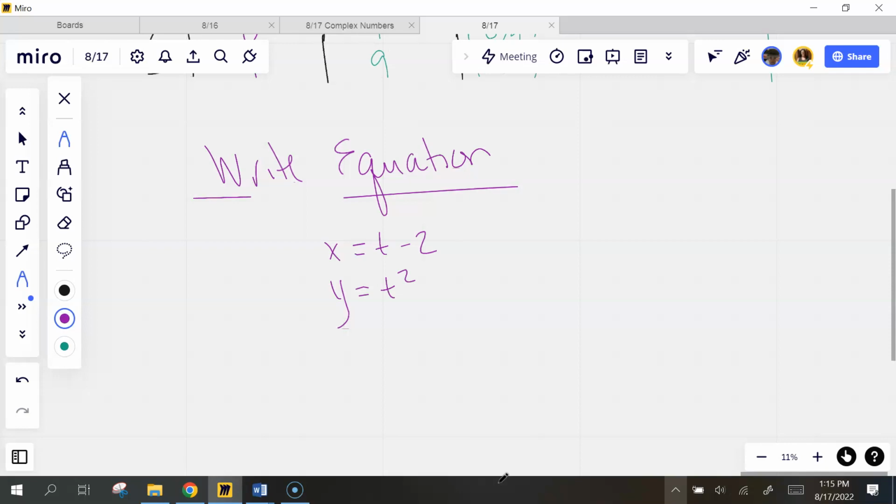We want to write just one equation all together with just two variables so that I can graph it instead of 3. Okay? So what I can do, I'm going to solve the x equation for t.